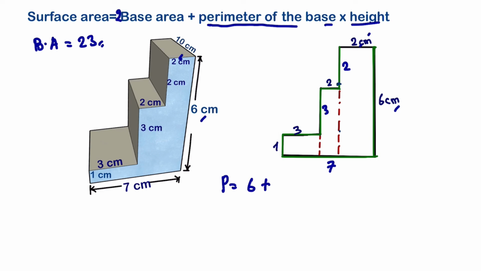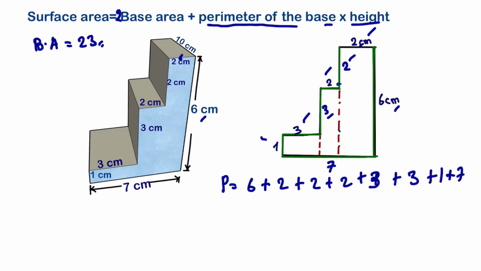Be very careful. The perimeter is the total distance around: 6 plus 2 plus 2 plus 2 plus 3 plus 3 plus 1 and plus 7.